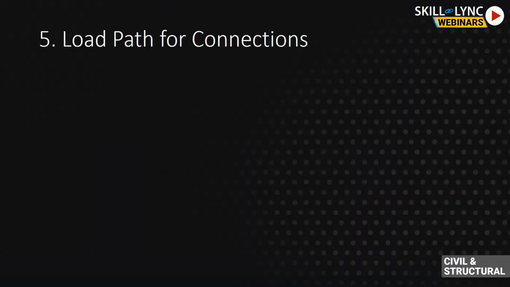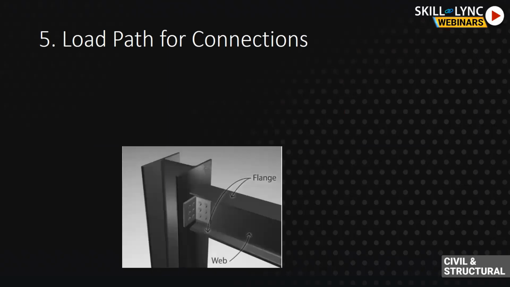Now that we have cleared the detailing requirements and the concept of the shear and moment connection, let us go through the load path for both. Here we have the image which we saw on the previous slides, that of a single angle moment connection. Here you can see that we have a total of 4 bolt rows, 2 of them bolted to the web of the beam and 2 bolted to the column.